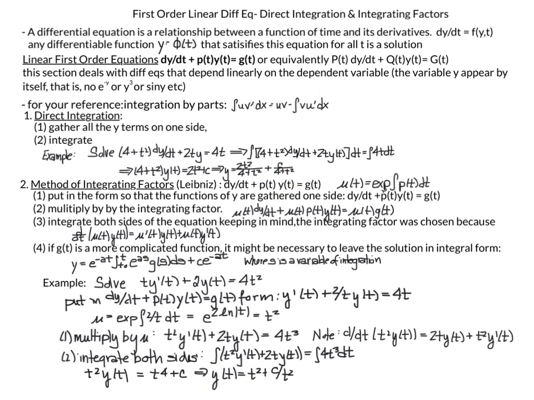We note that our integrating factor was chosen specifically because the derivative of mu(t) y(t) is equal to, by the product rule, mu'(t) y(t) plus mu(t) y'(t), which means that when we integrate our differential equation, it falls out to be mu(t) y(t). And we have these examples that we covered in our video.